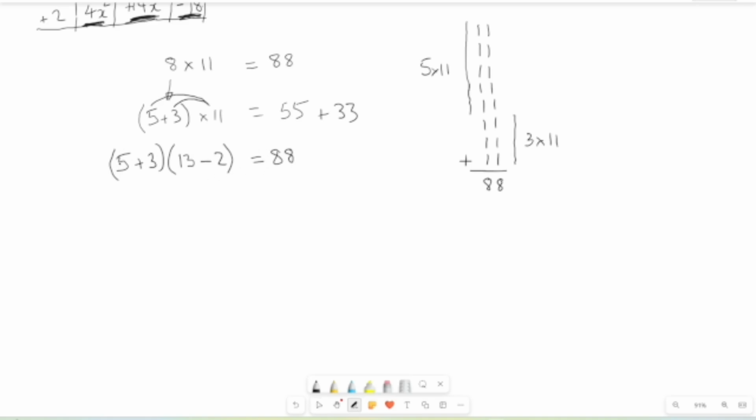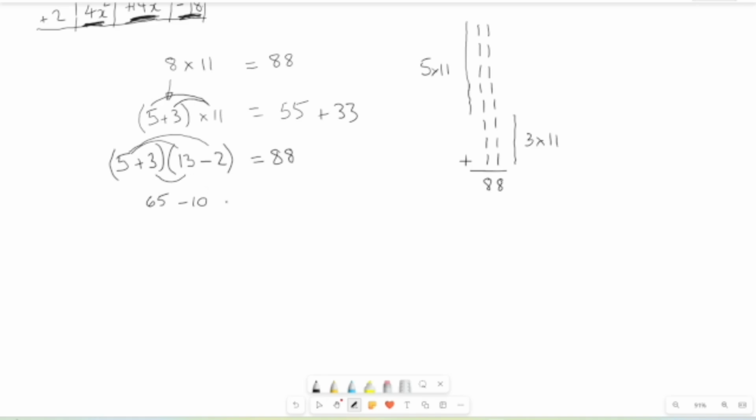So we know 5 lots of this bracket, which is really 11, gives us 55. 3 times this bracket, which is really 11, gives us 33. So how can we get that? So if we do 5 times 13, that gives us 65. 5 times minus 2 gives us minus 10.